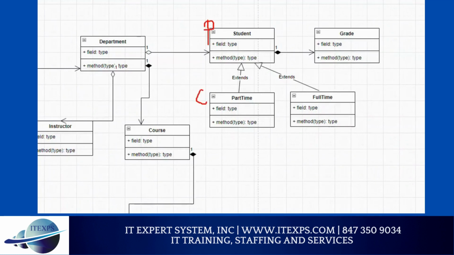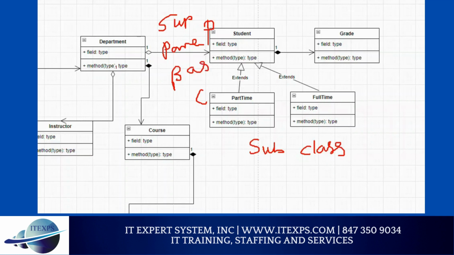These are also called subclasses, and this is called a superclass, parent class, or base class. The symbol shows that this is the parent and this is the child.